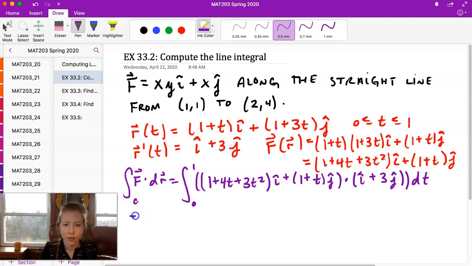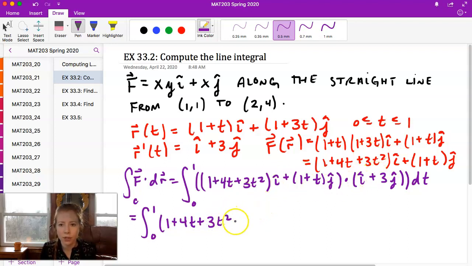And so this is going to give us the integral from 0 to 1. And then we have our i hat component is going to be 1 plus 4t plus 3t squared. Then add on our j hat component, which is going to be 3 plus 3t dt. Now let's add all these together. Simplify.